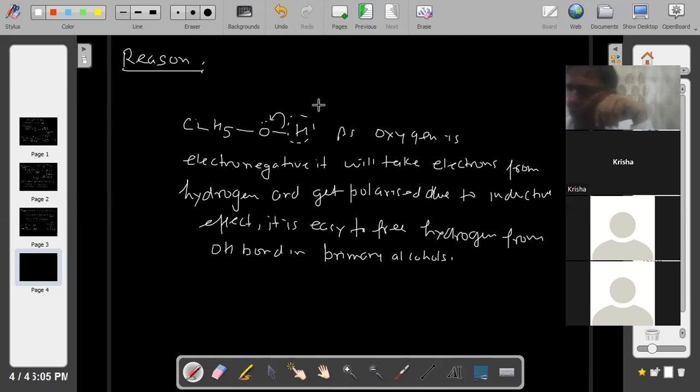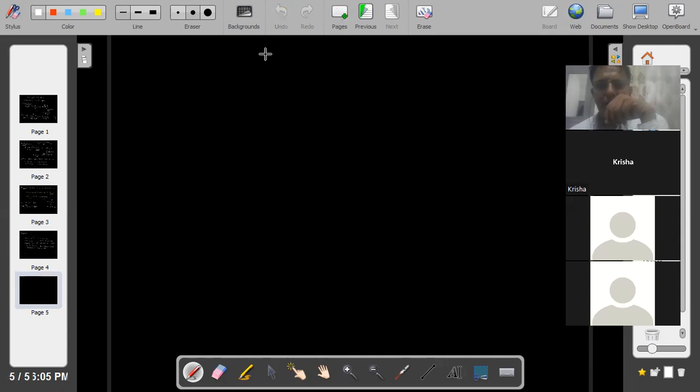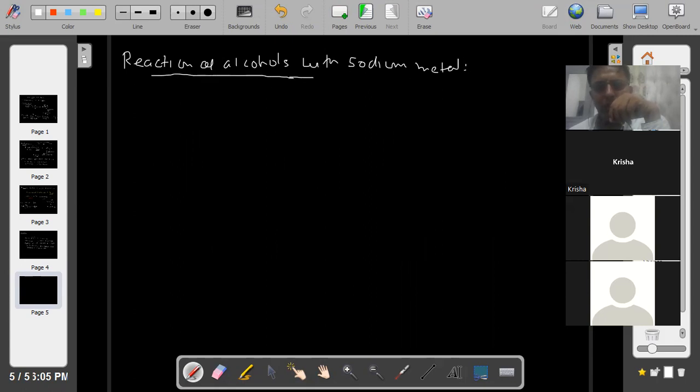Now, if you will do a reaction of alcohols with sodium metal, it will remove the H ion because sodium is basic in nature.